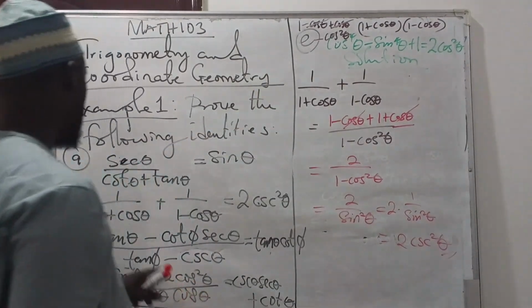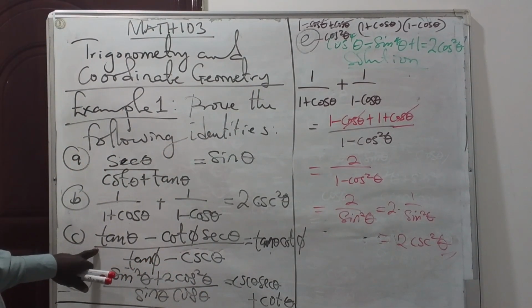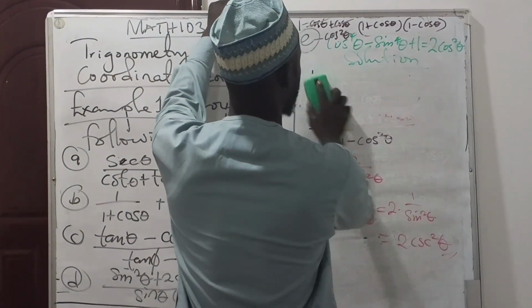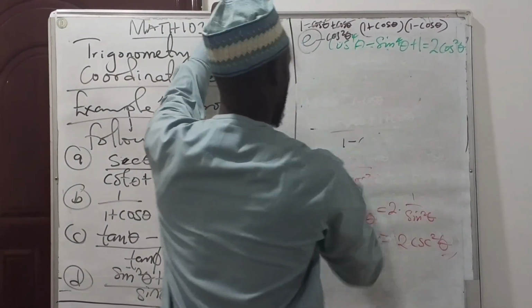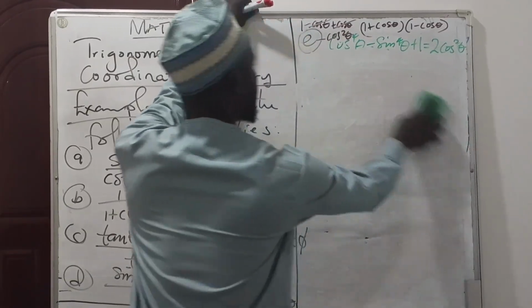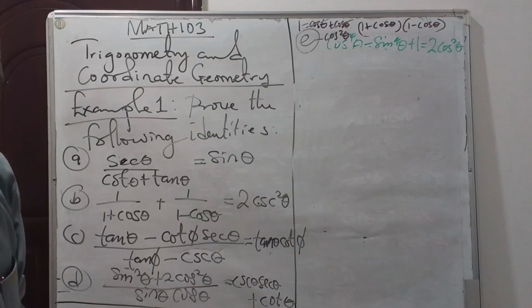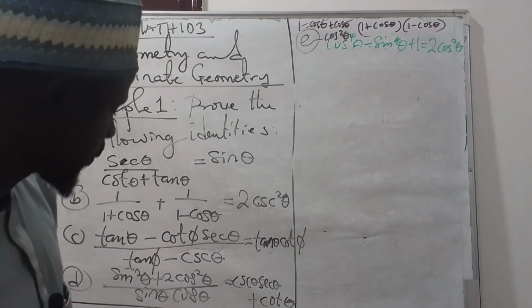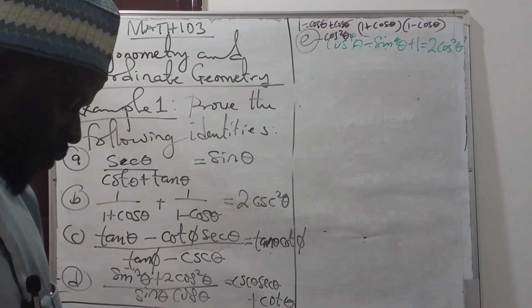All right. So now to solve problem number C, we need to write the left hand side and solve until we achieve the right hand side. Okay.